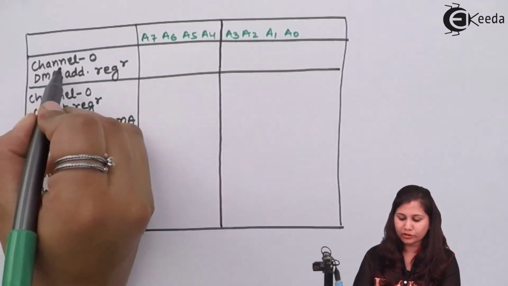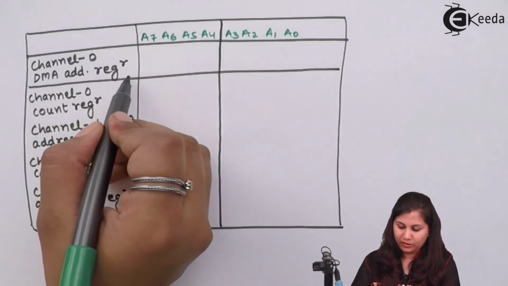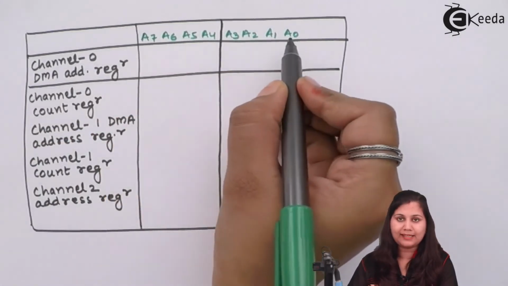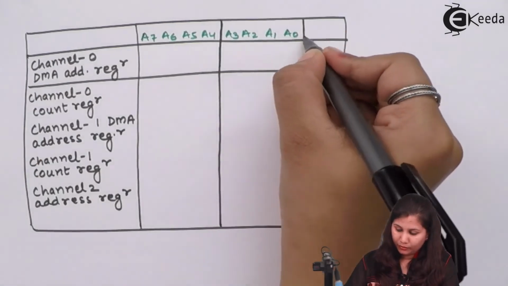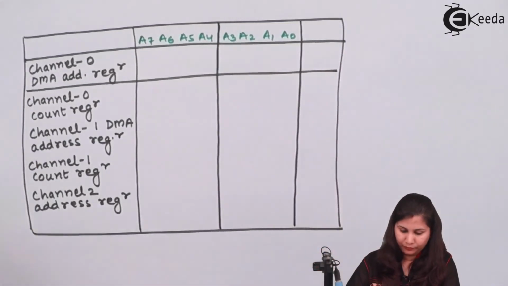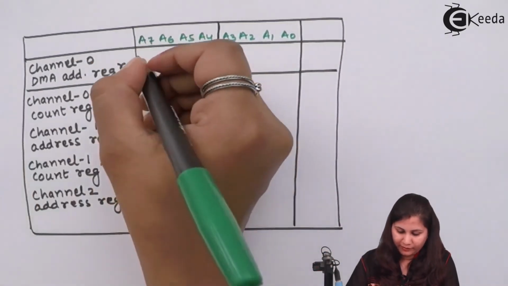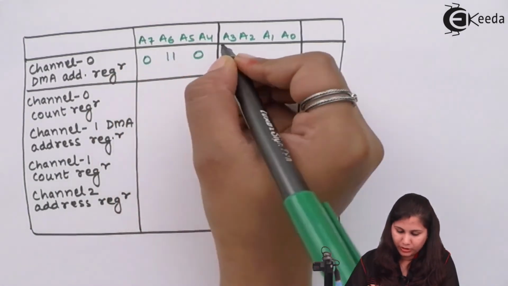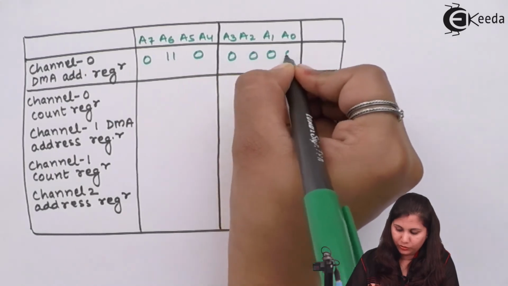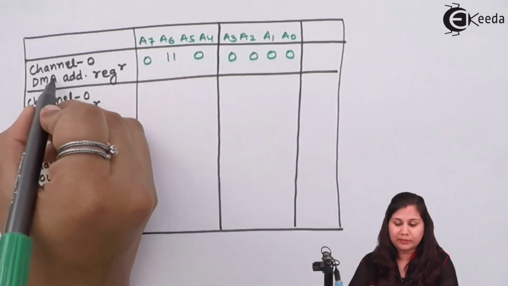So for the channel 0 DMA address register, there are 8 address lines. When their value is 0, 1, 1, 1, 0 and 0, 0, 0, 0, then this channel will be selected.